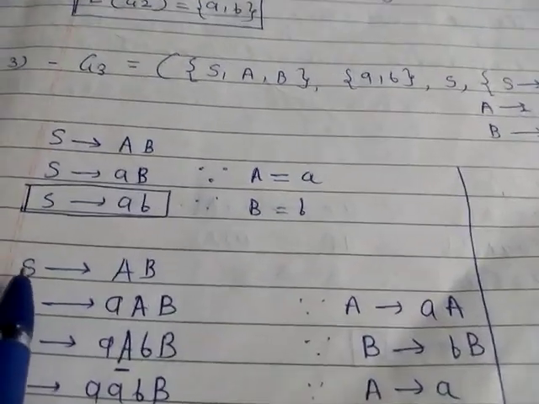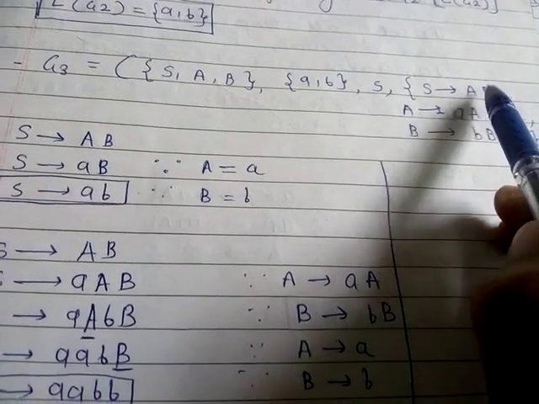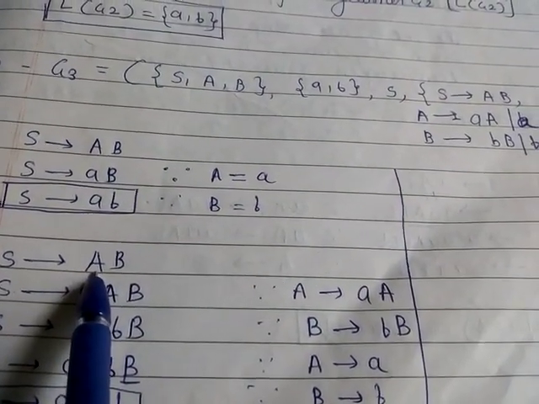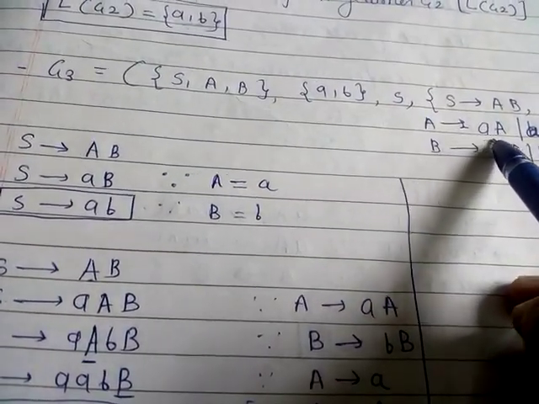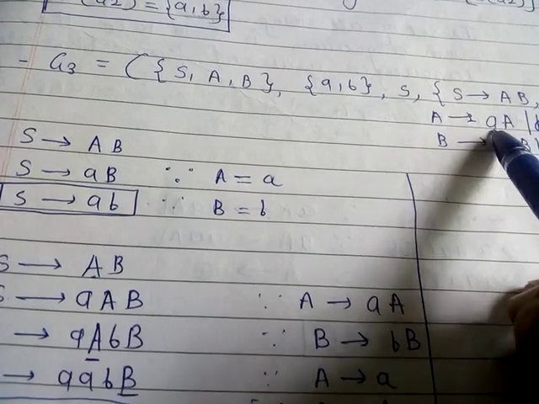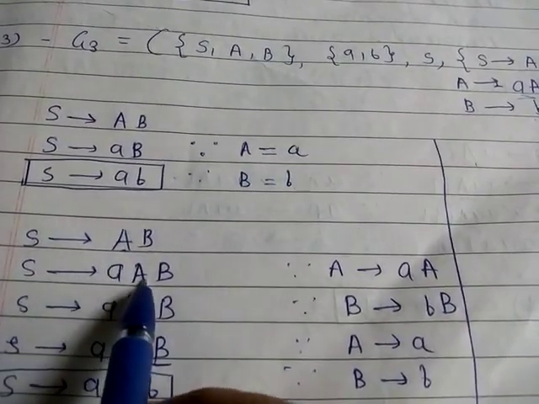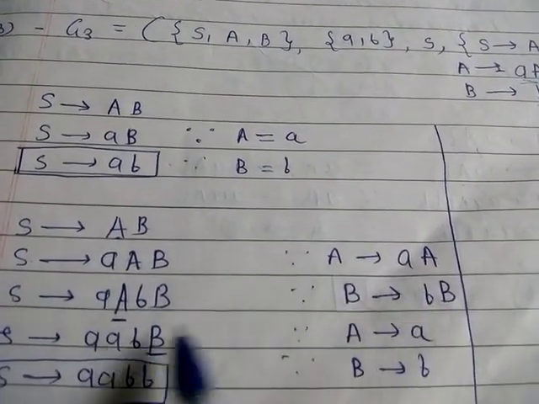And the second string: S tends to AB. So I have kept aa instead of A. I have used the second value of A and the second value of B here. So the second value of A is aa and the second value of B is bb, that is aa bb.